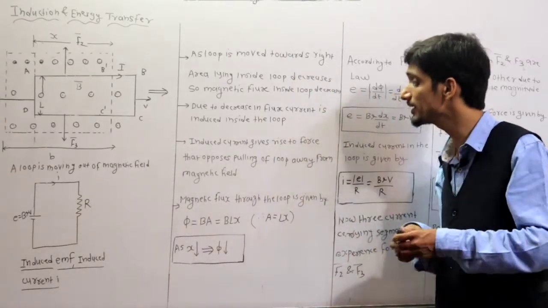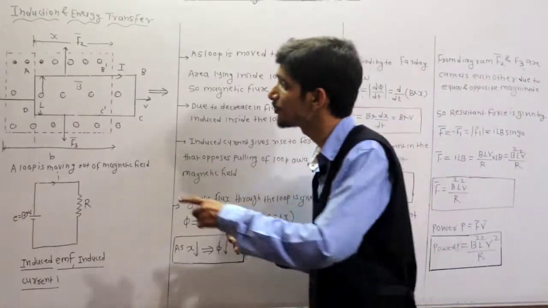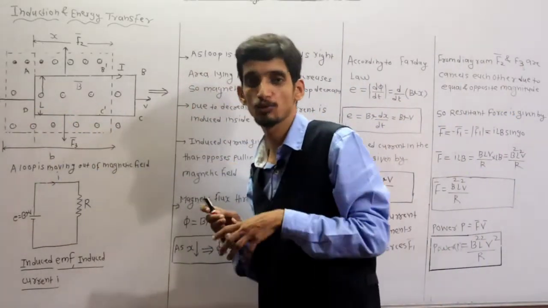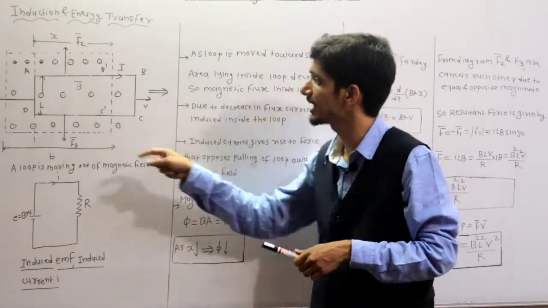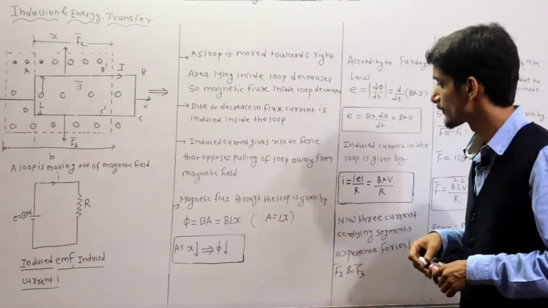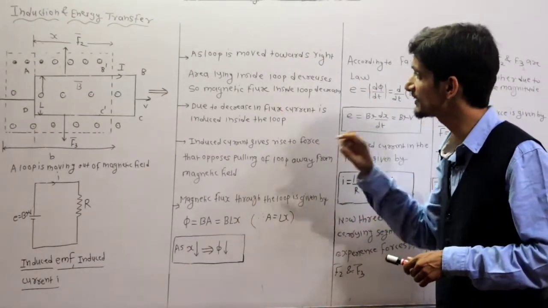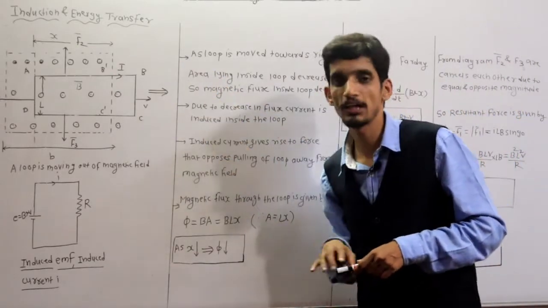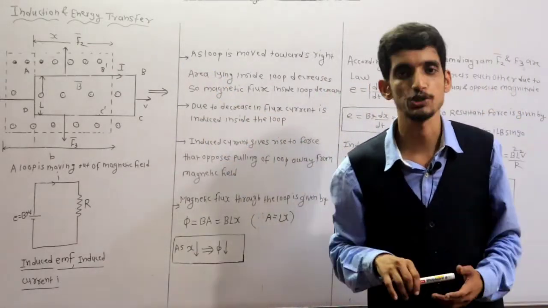So that induced current gives rise to a force, and that force acts in the direction opposite to the applied mechanical force. If I am pulling it towards the right, that force acts towards the left. Clear? This is the basic theoretical statements that we have to write while doing the derivations.